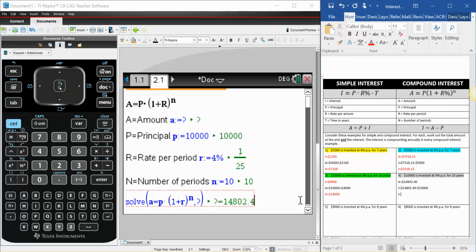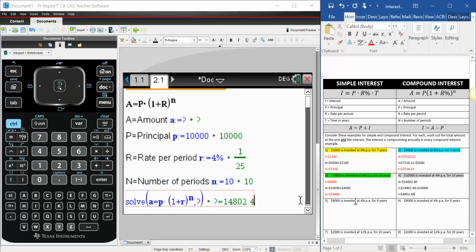And we can see that the interest on this problem is $4,802.40. Again, the difference being this one was 4,000 and this one is 4,800. So it is important that you understand that for compound interest, it will be higher than using simple interest.